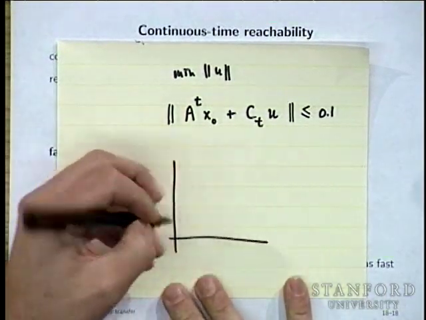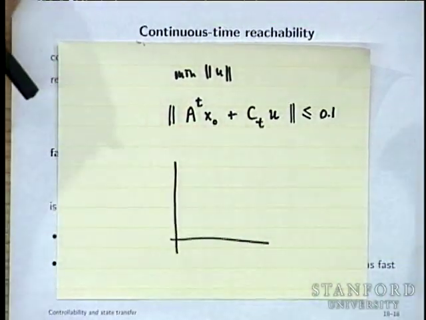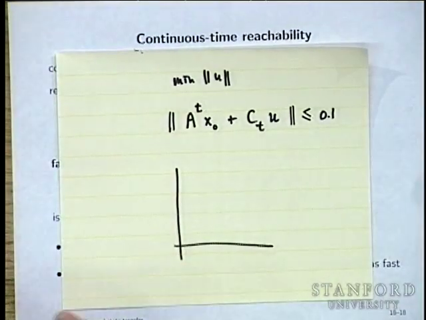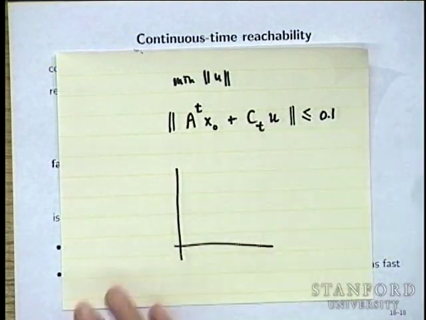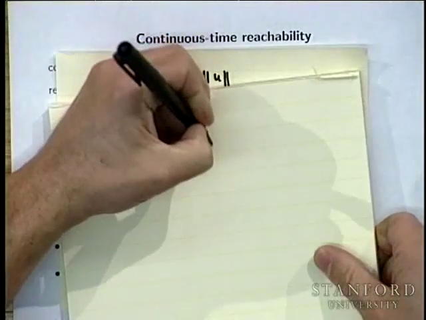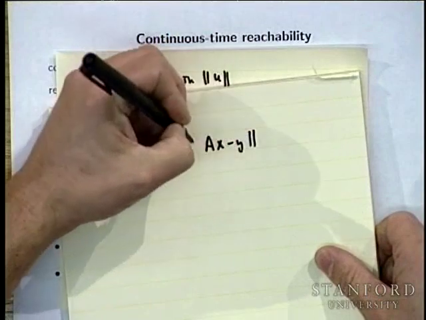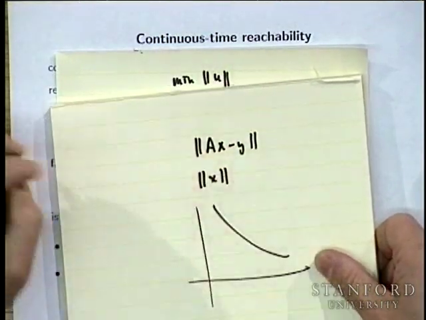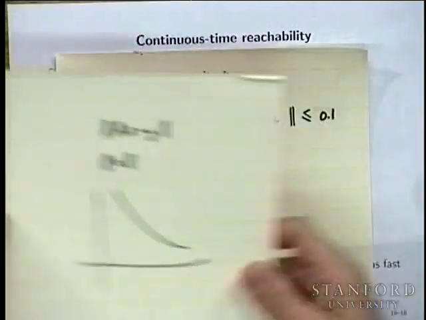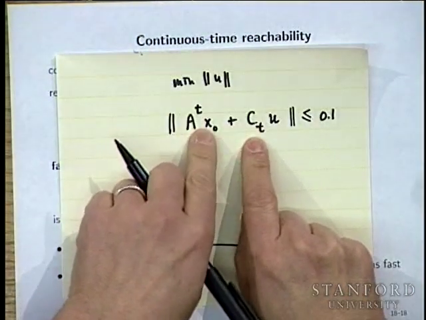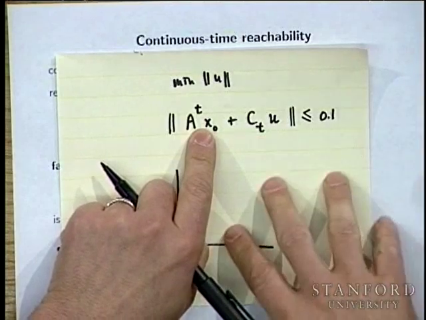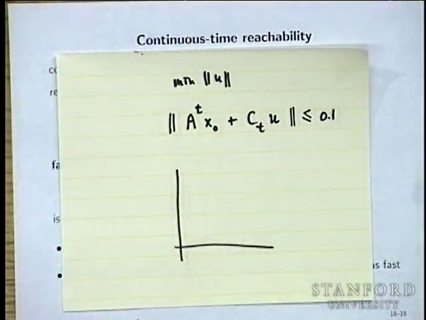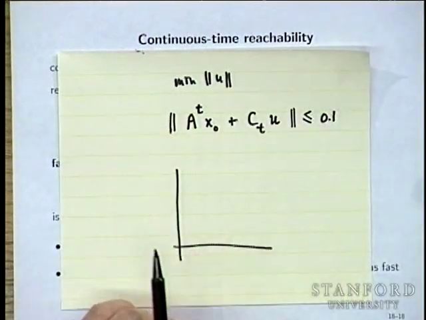This is, by the way, a perfect example of how these things go down in practice. You go back and look at week 4. It was all clean: let's minimize Ax minus y, with small x. And then we drew beautiful plots. Here, it's clouded by the horrendous notation of the practical application, which is steering something from here to there. So it doesn't look as clean, but it is the same.